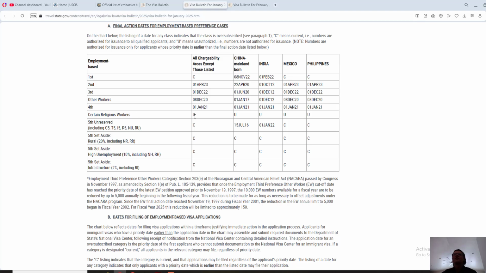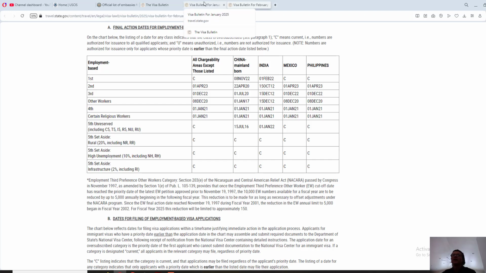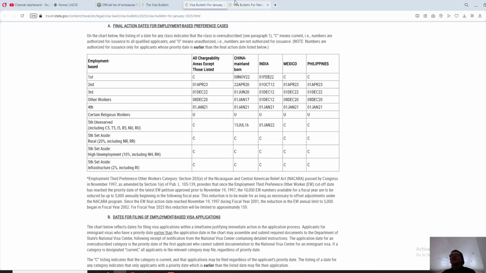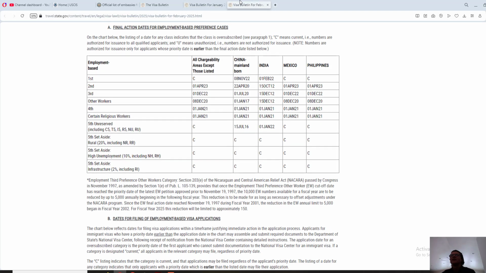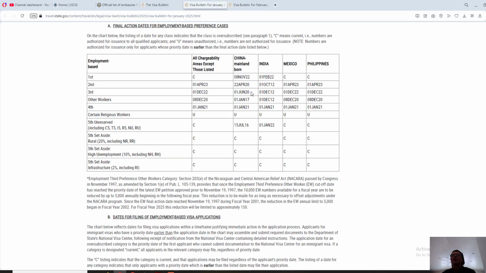Okay, so there is something happening. So for religious workers, looks like from being unauthorized, it went to being authorized now. And that's really it. Okay, so one movement. So there is movement. So it's not any kind of glitch. It's not a copy paste, because we can see on employment-based categories there is movement.